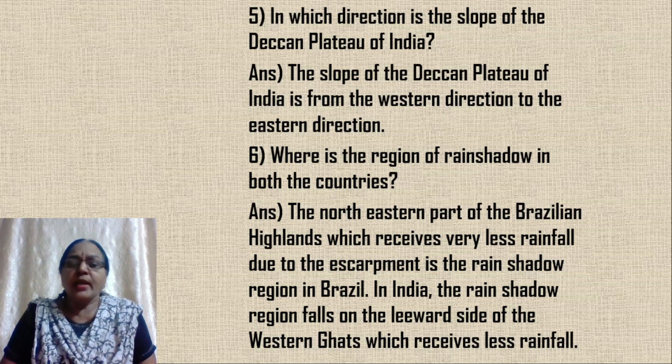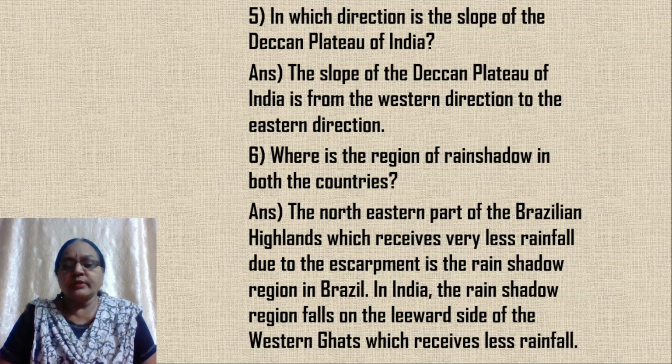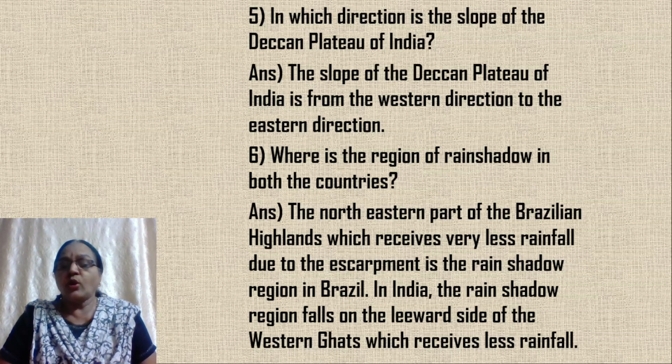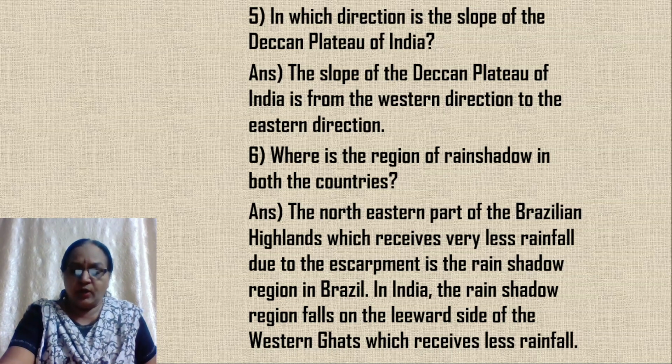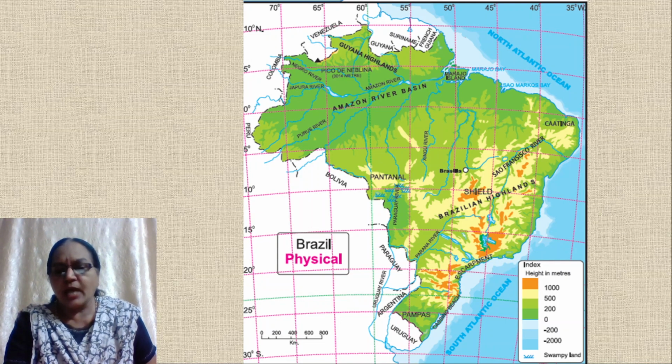Where is the region of rain shadow in both the countries? Of course, children, the rain shadow in Brazil we find is towards the northeastern part of the Brazilian highlands. Now I think you'll remember the Great Escarpment, children.